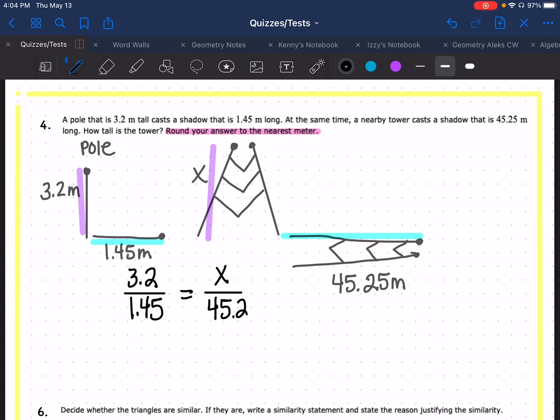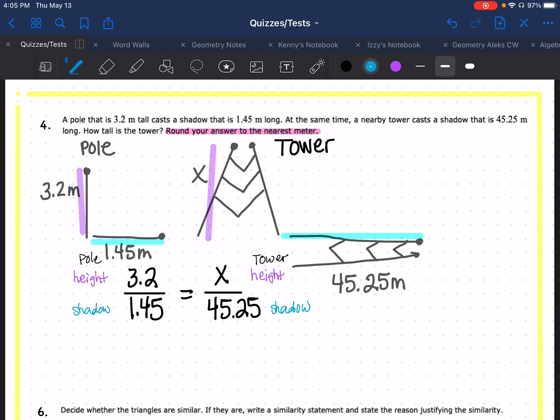My proportions, my ratios are made in the same manner. I have the height on the top of both, and I have the shadows on the bottom of both. And then, of course, this one is talking about the pole, and this one is talking about the tower. I guess I should write the word that this is the tower for you.